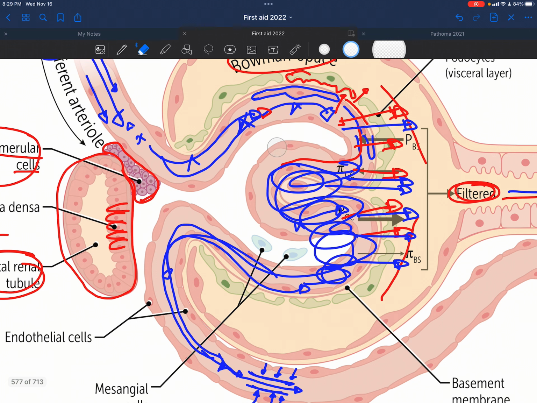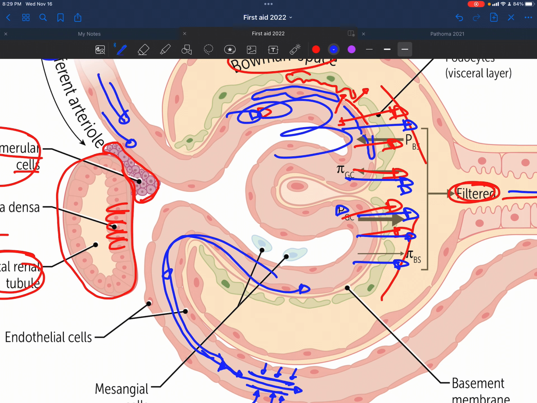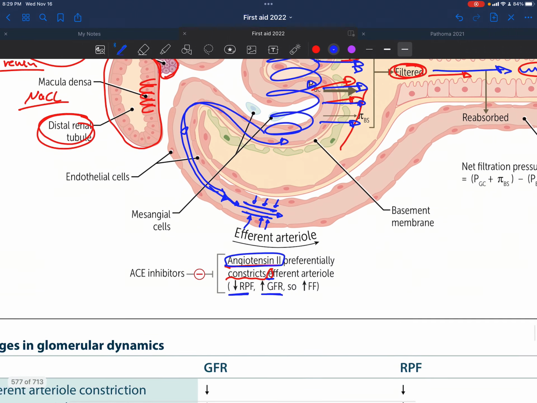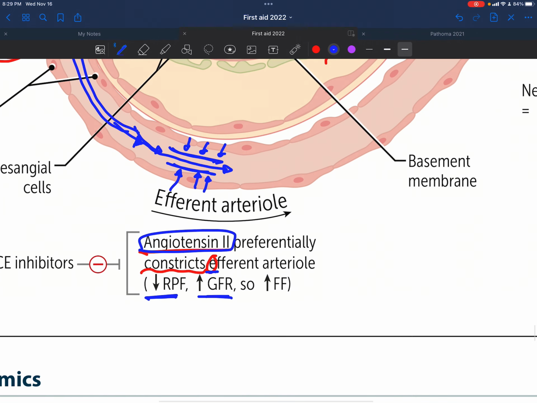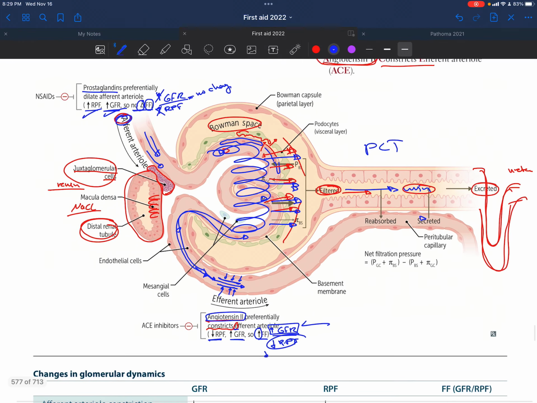So it's harder for blood to come into this corpuscle, and that's why we have the decreased renal plasma flow. Because the filtration fraction is GFR over the renal plasma flow, and the renal plasma flow is decreased while the GFR is increased, by math the filtration fraction is now increased. So that's for the image.